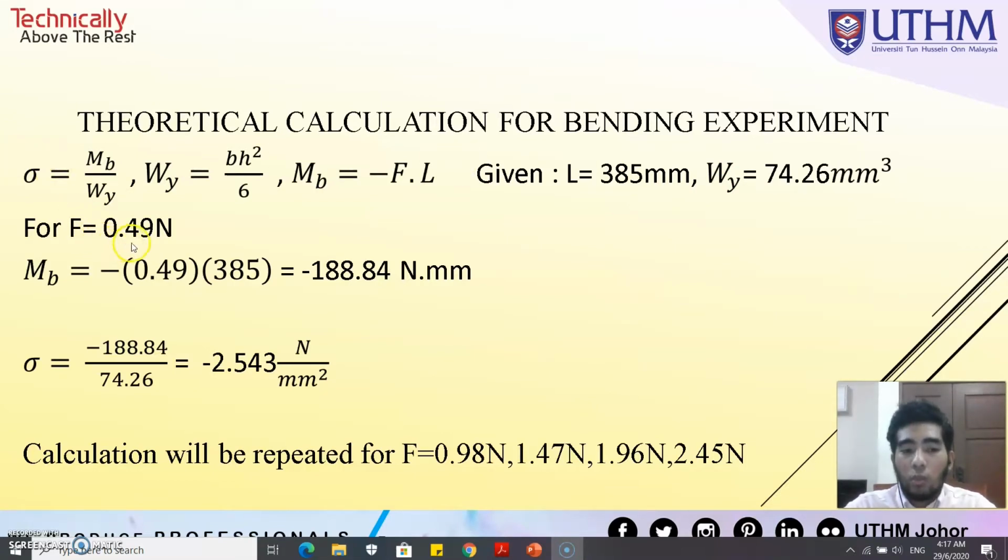For force 0.49, you can get the MB as negative 188.84 Newton mm. When you substitute into this formula, we can get the value of negative 2.543. This will also be repeated for force F equal to 0.98, 1.47, 1.96, and 2.5 Newton.